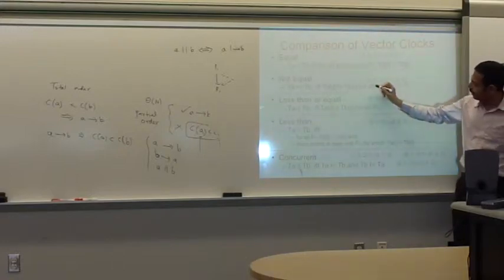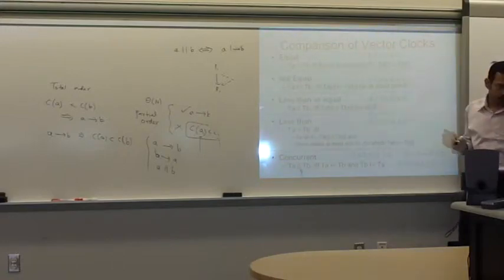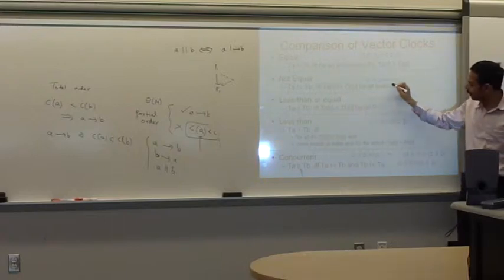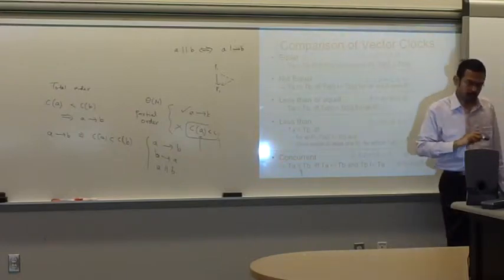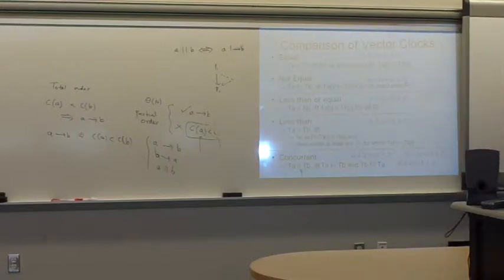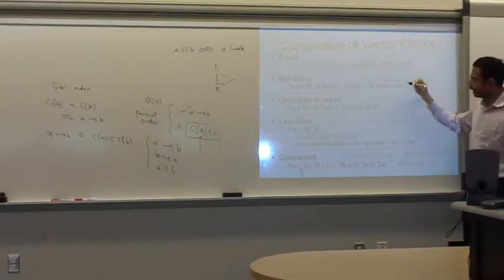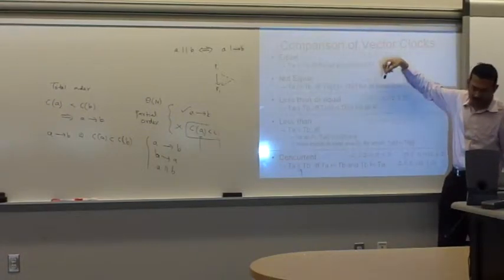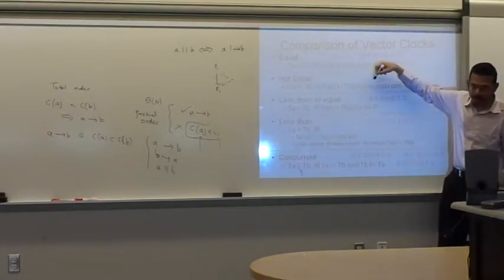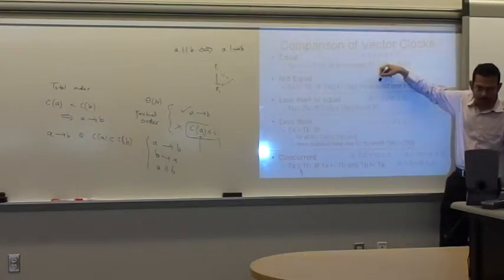Now when we say they are not equal, there's at least one entry where the values are not equal. For example, you have 2, 1, 2 and 2, 2, 2. You may have them equal at all the processes except here. You see 1 is not equal to 2 in the corresponding entry. Each entry is a process, you know that, right? There are 3 processes and these are the clock values at 3 processes, P1, P2 and P3.